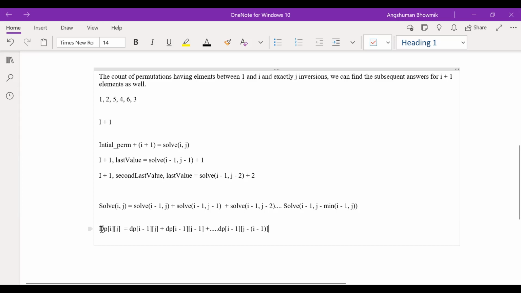So this will be our recurrence relation. So we can iterate for every j, and that is the index where we place the last element, and we can subsequently find our dp transitions.